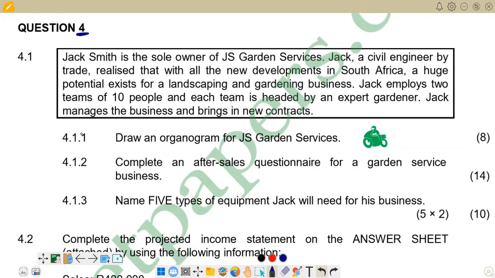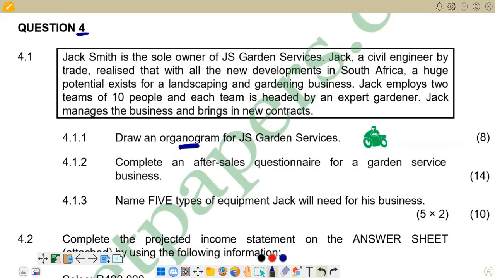Our first part, 4.1.1, reads, draw an organogram of JS Garden Services. So an organogram is the one that we want to present there. And the owner is Jake Smith.